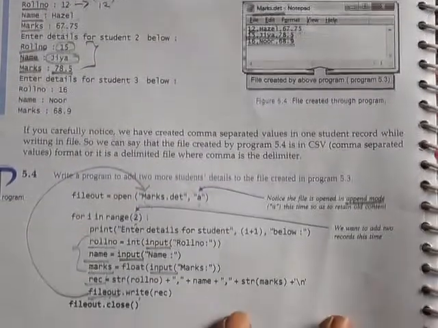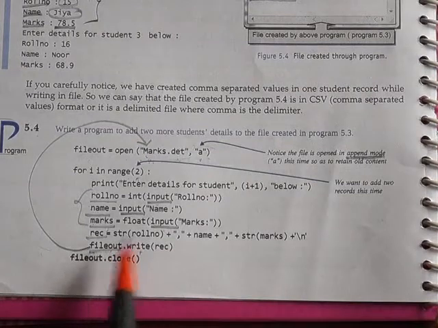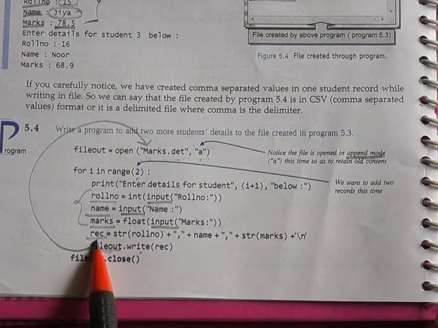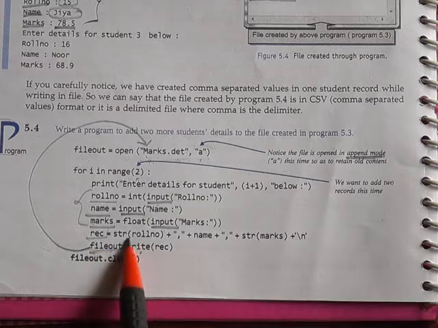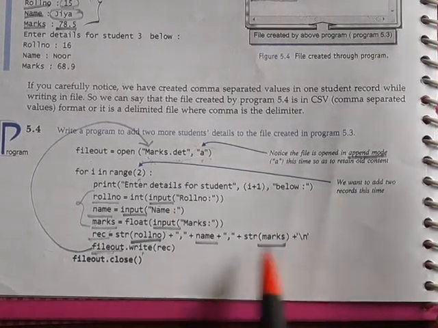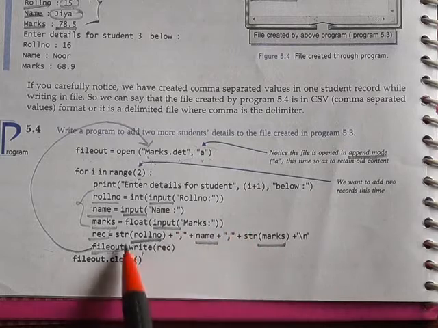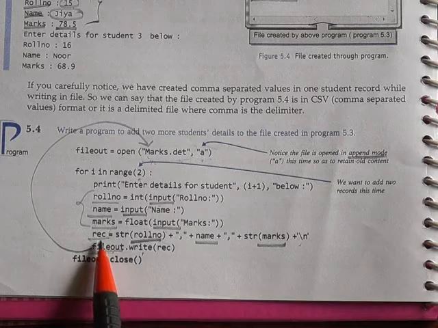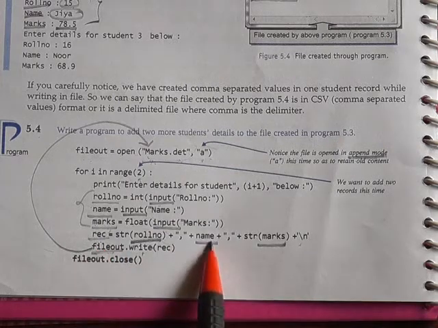So what is the usefulness of this rec? What will rec do now? All these 3 data, roll number and name and the marks, will be added and it will put them in the same line. Roll number, name, marks.